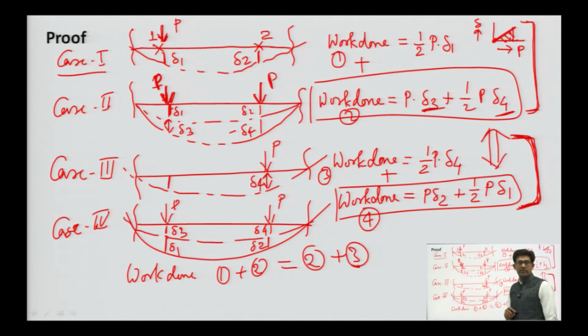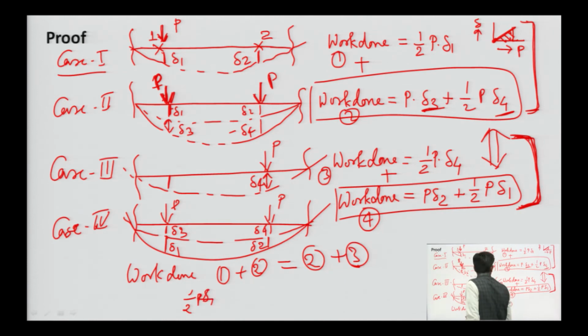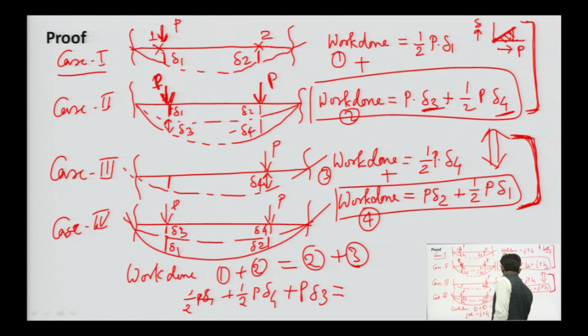If we are doing this, then we will get half of P into del 1, plus half of P into del 4, plus this P into del 3, is equal to half of P into del 4, plus P into del 2 plus half of P into del 1.